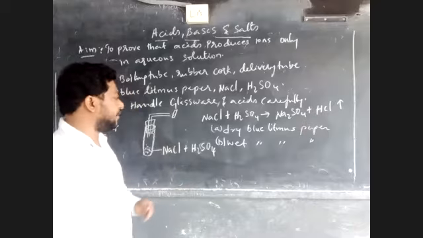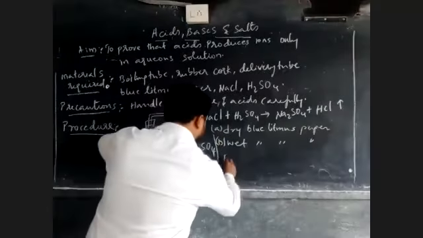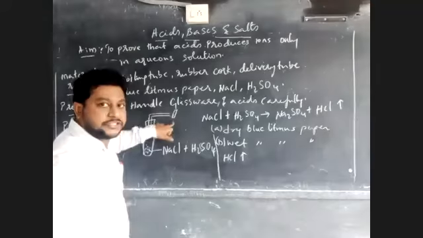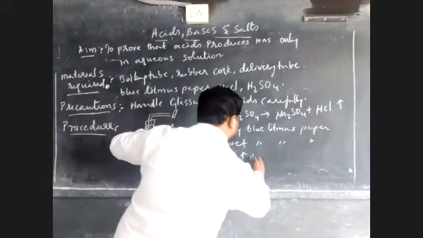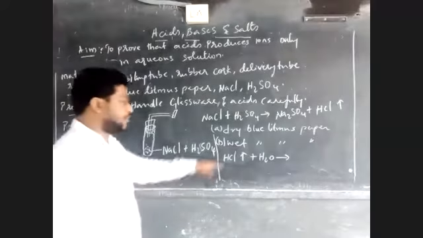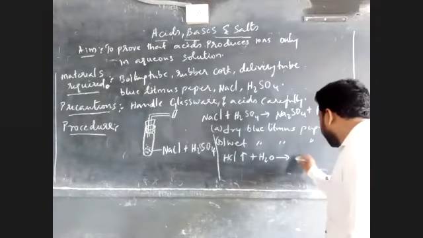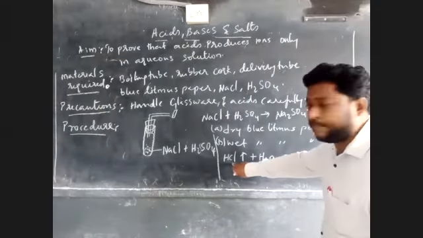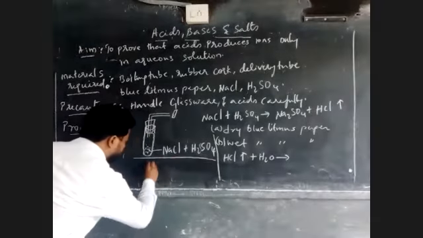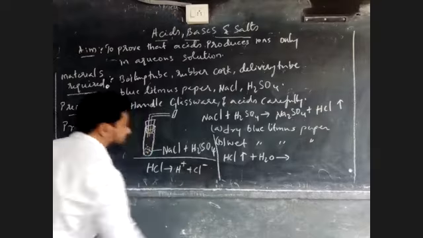Right? Now let me write the reaction. HCl gas reacting with the moisture present on the blue litmus paper. First, actually, what is happening to the HCl? HCl will split into H plus and Cl minus.